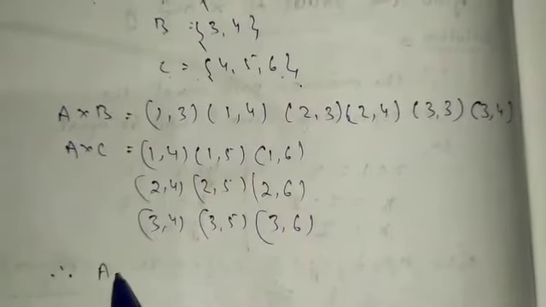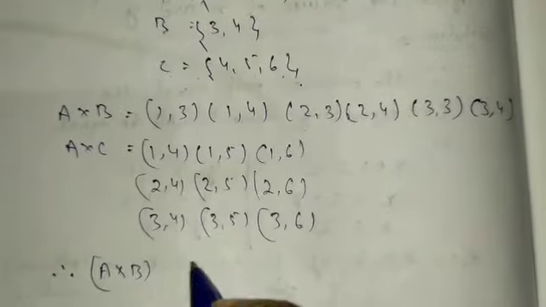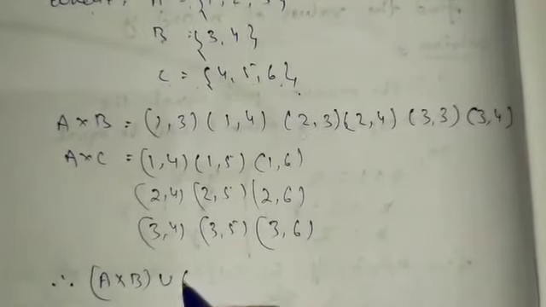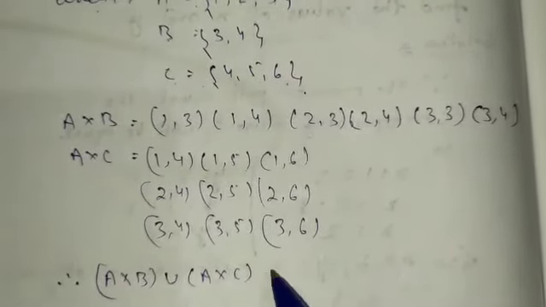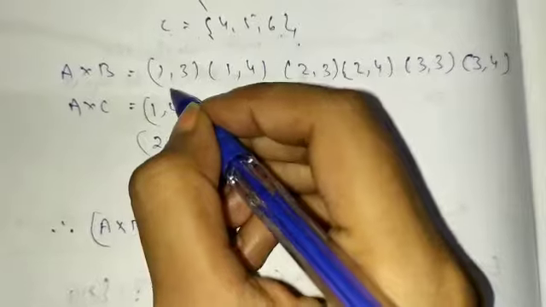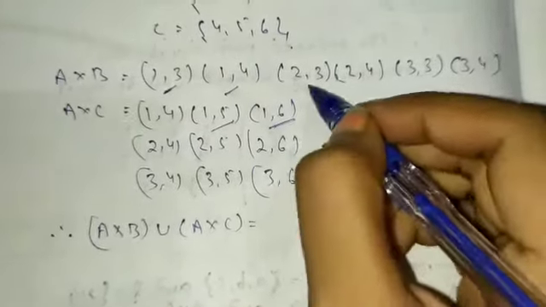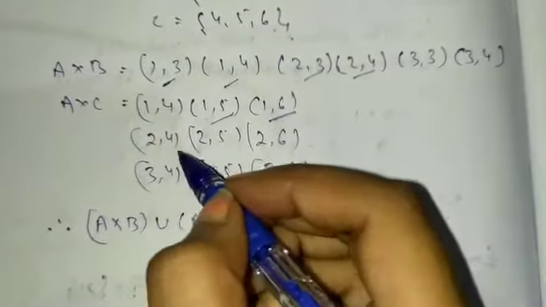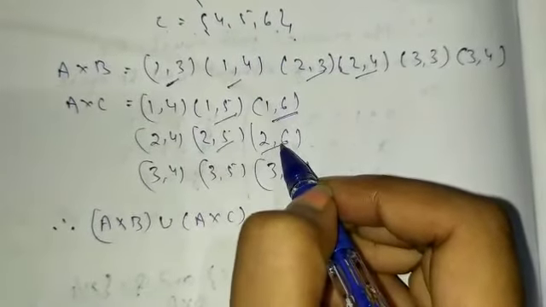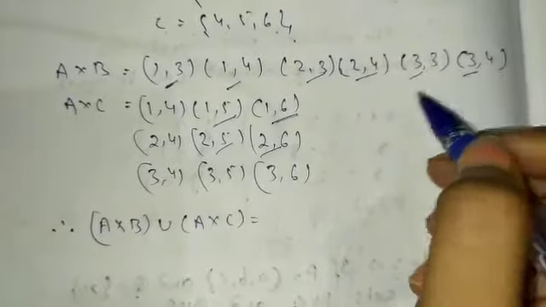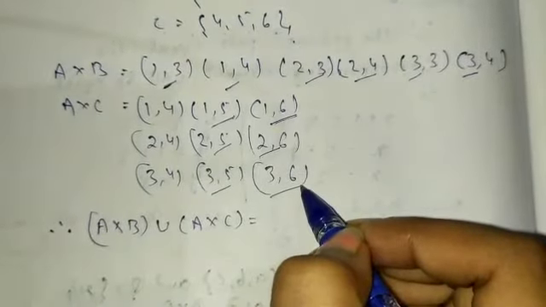Therefore, set A into B union set A into C will equal (1, 3), (1, 4), (1, 5), (1, 6), (2, 3), (2, 4), (2, 5), (2, 6), (3, 3), (3, 4), (3, 5) and (3, 6).